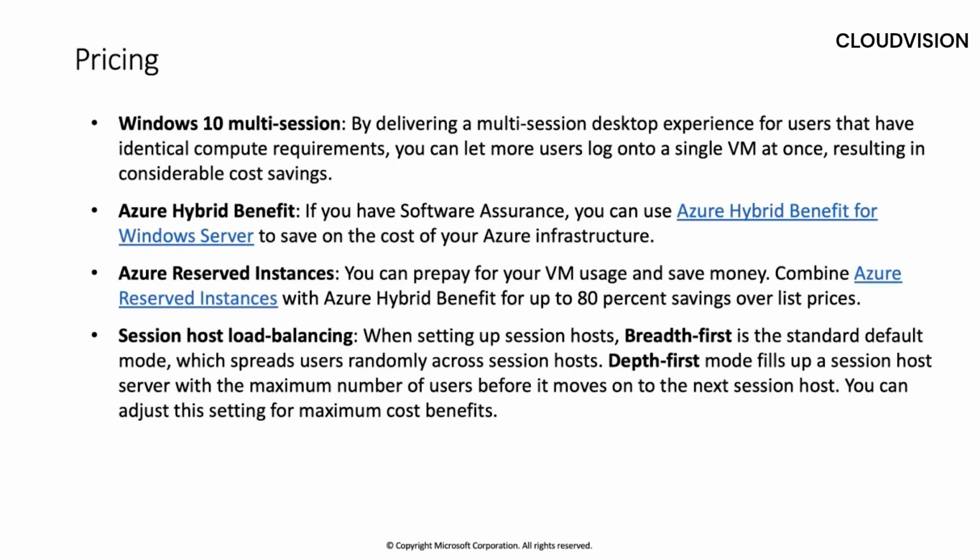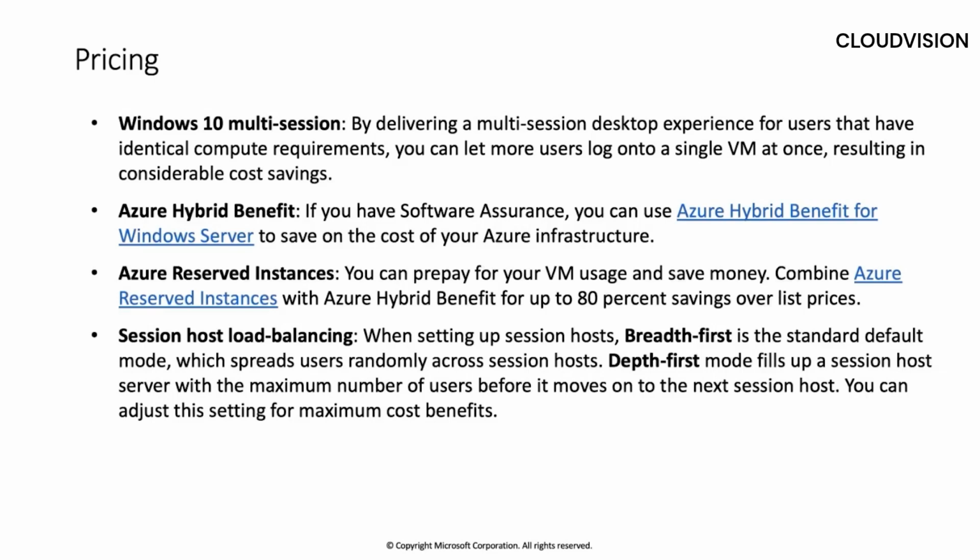The third factor which helps bring down the cost is Azure Reserved Instances. Now, what are these reserved instances? Maybe I want a specific set of compute which I need for a long period of time, or maybe a 1 year, 2 year, or 3 year agreement with the same compute itself.